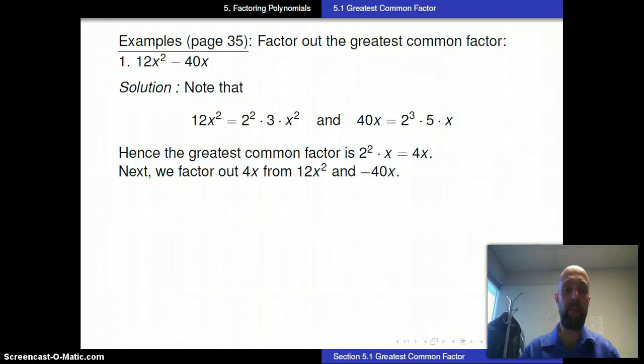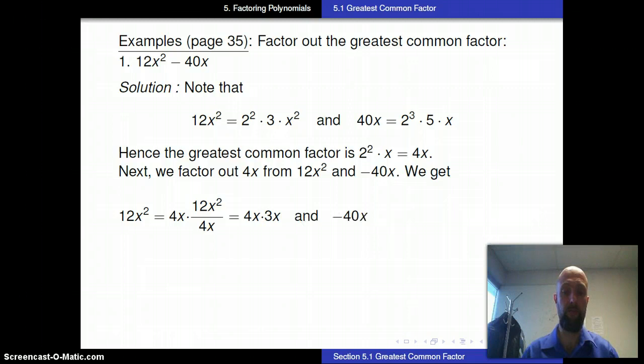Next, we factor out 4x from both terms, from 12x squared and negative 40x. We get 12x squared is 4x times 12x squared over 4x, which simplifies to 3x. 12x squared is 4x times 3x.